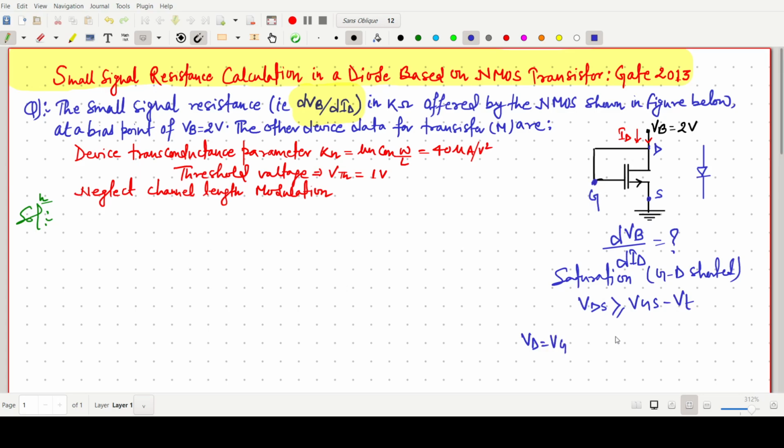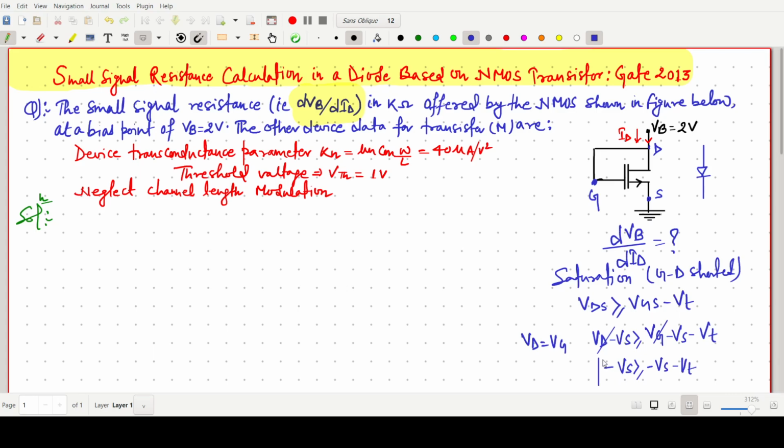VG equals VD, so we can write VD minus VS is greater than or equal to VG minus VS minus VT. Now we can see that VD and VG will cancel out. So minus VS will always be greater than minus VS minus VT.